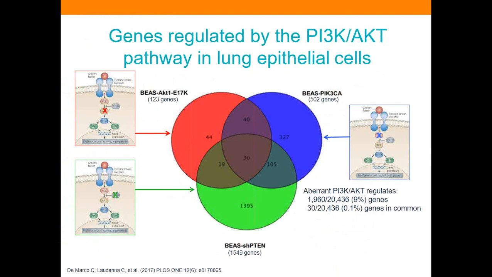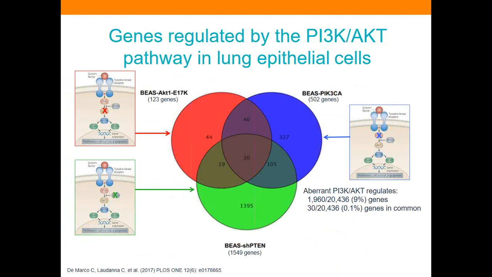And if you look at the green, when you knock out PTEN, which is essentially a suppressor gene, that's why it's knocked out rather than expressed, you're affecting 1,549 genes. So each of these different changes in the cell, even though they're in the same pathway, is affecting a different number of other genes, both in this pathway and outside of this direct linear pathway.